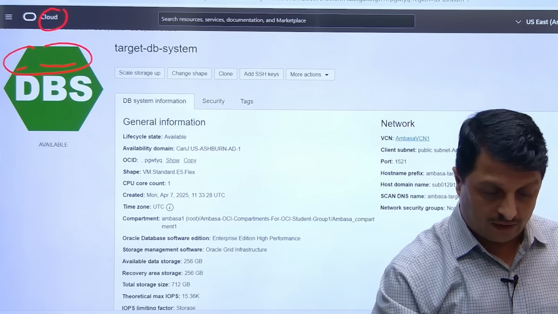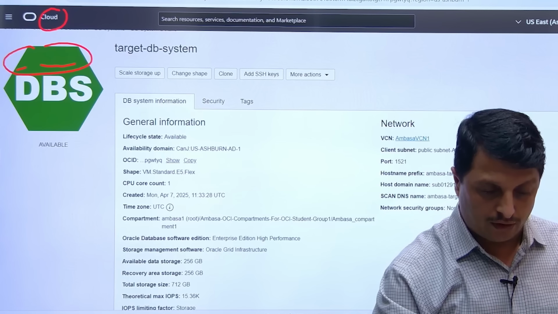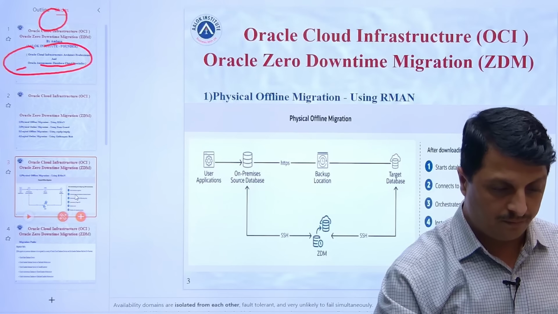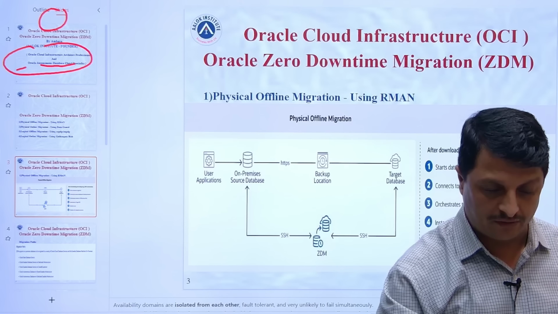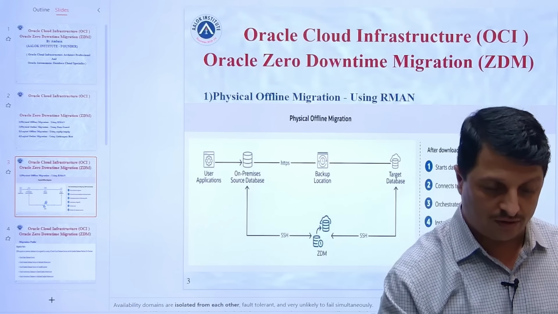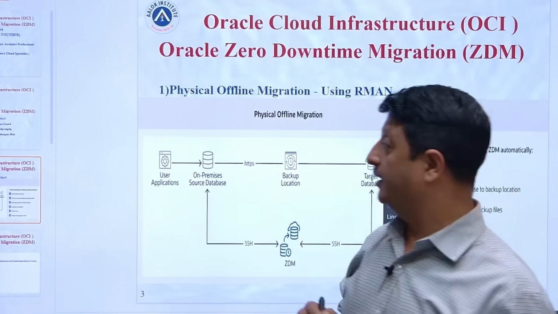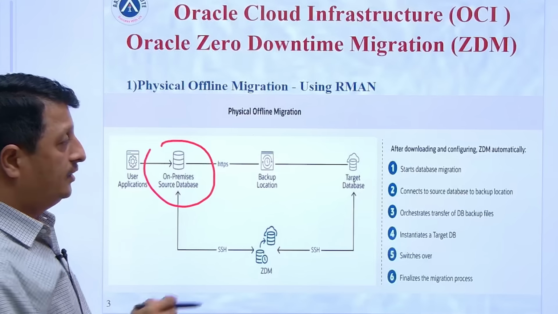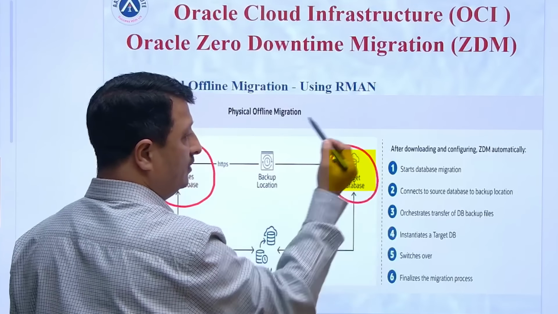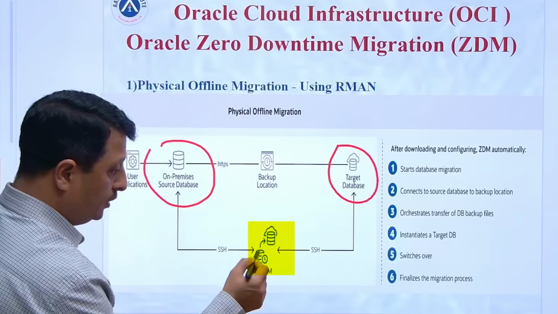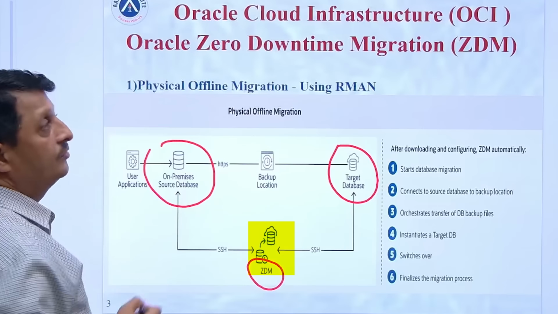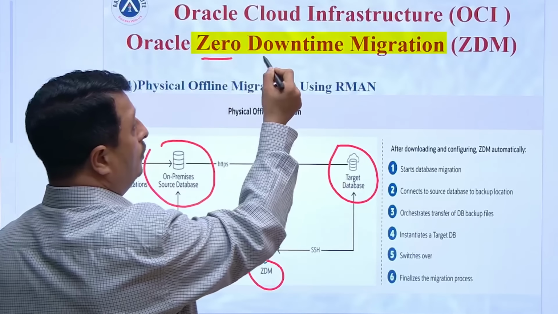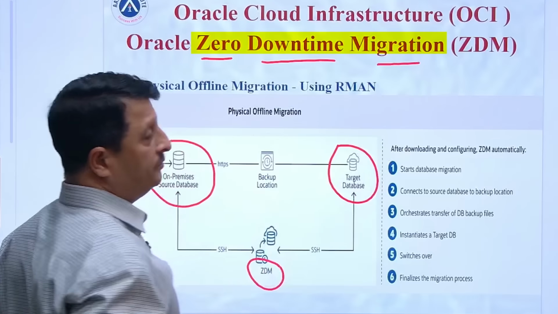Now let's go back to understand the architecture. We are looking at the offline migration, so let's see how things get started. This is my on-premises and this is my target, and I want to migrate by using the utility called ZDM, which stands for Zero Downtime Migration.